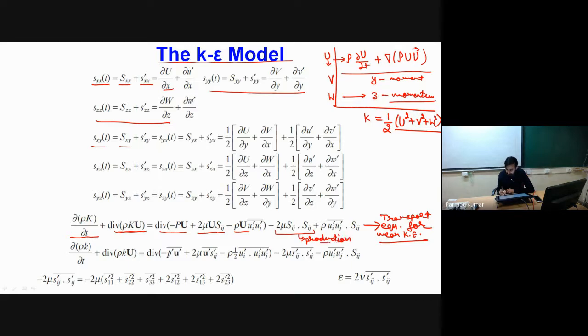And the term rho times ui dash uj dash dot Sij is the destruction term for mean kinetic energy. So this represents the rate of destruction of the mean kinetic energy. Okay, so this equation is clear, how you have obtained it and what the different components contributing here are.